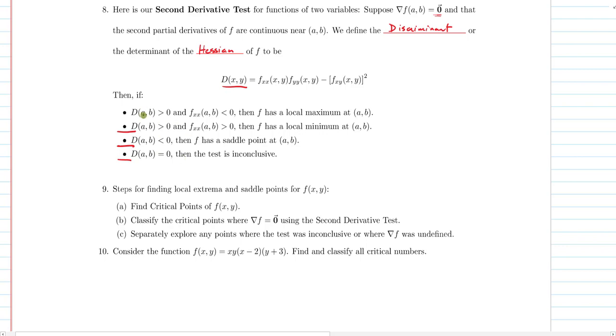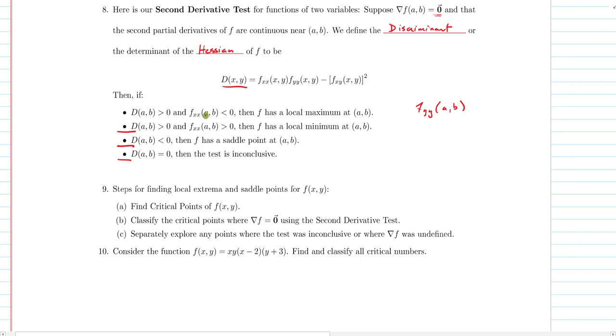So let's just look at this further. We said that if the discriminant comes out to be positive, then it's going to be either that we have a local maximum or a local minimum. To further check that, we have to look at the second partial with respect to x, evaluated at that point. Technically, we could also do the second partial with respect to y. You could also be checking f_yy(a, b). It doesn't matter which of those two you check. Usually we just check f_xx.